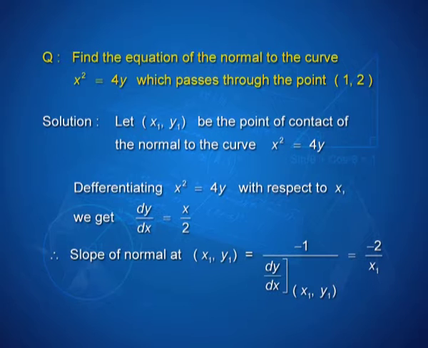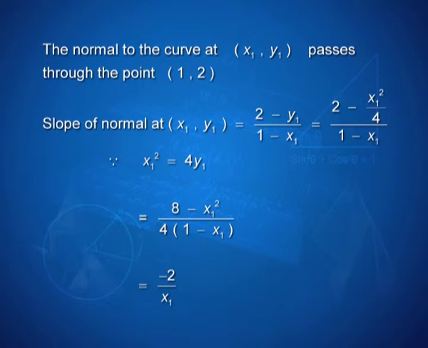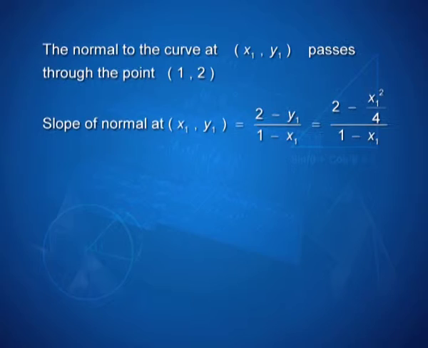So, what is the other information that we have? The normal passes through the point (1, 2) and it also passes through (x1, y1). So, I have 2 points through which the normal passes and therefore, the slope of normal using the two-point form would be (2 minus y1) upon (1 minus x1).